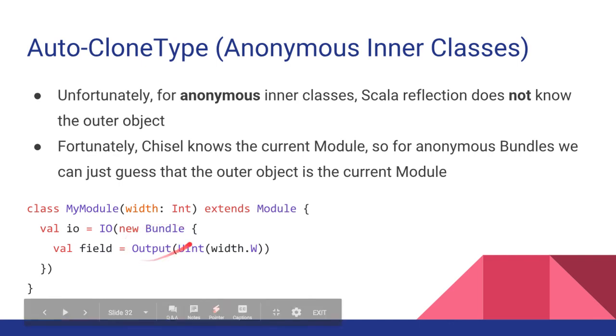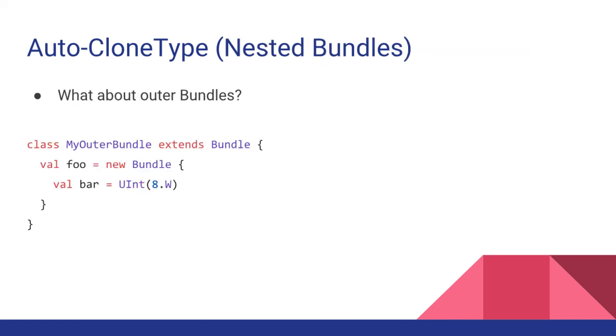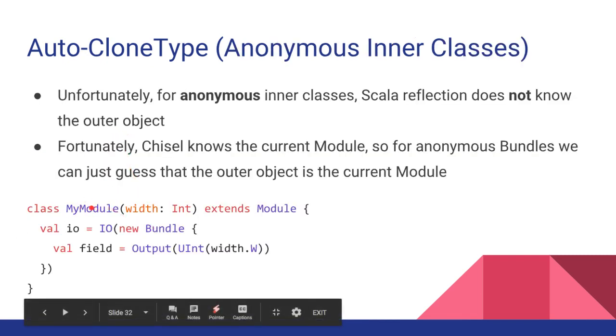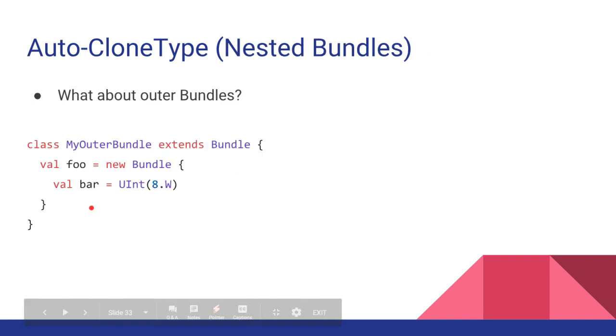So when we try and clone this bundle, what we do is we just guess: is it MyModule? And the answer in this case is yes. And that's pretty cool. So despite the fact that Scala is not helping us out, we can just try things and see if they work. But what happens if I have a bundle inside of a bundle? How can I possibly get a reference to this bundle?